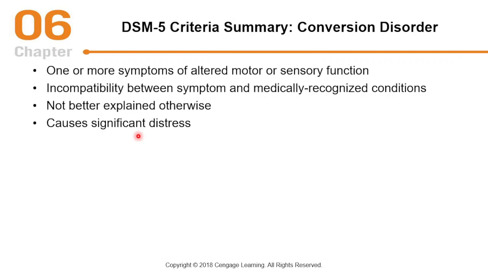One or more symptoms of altered motor or sensory function. So, katulad nga na example ko kanina, bigla siyang nabulag. Or, yung iba minsan bigla silang hindi nakakalakad. Pero, again, pag tinignan ng laboratory, walang problema sa legs nila or sa muscles na maggagawa ng action ng paglalakad, and even the brain.